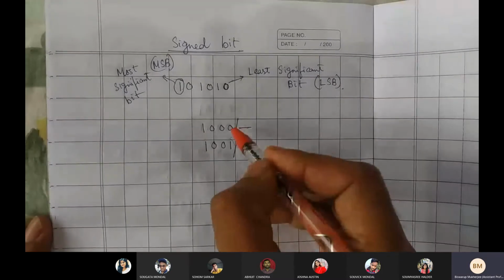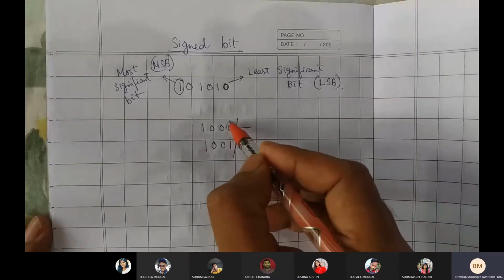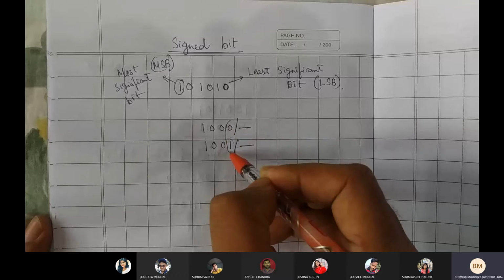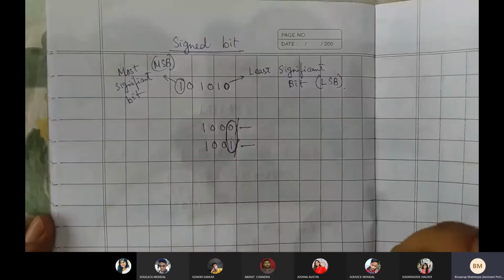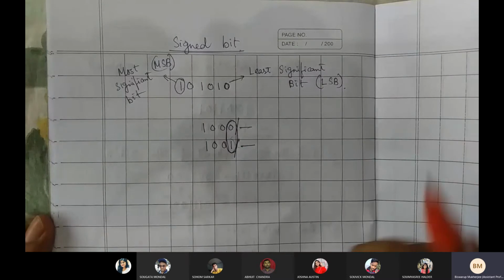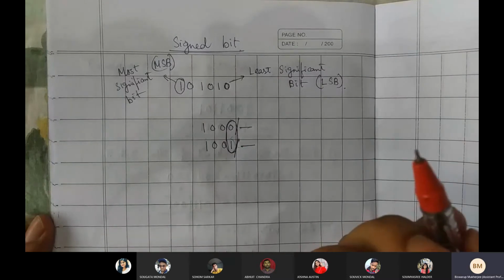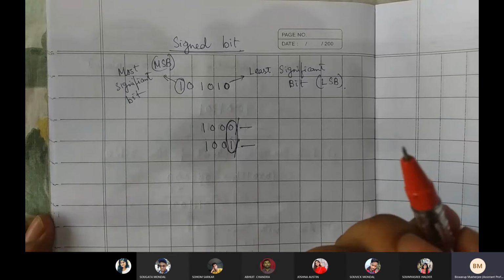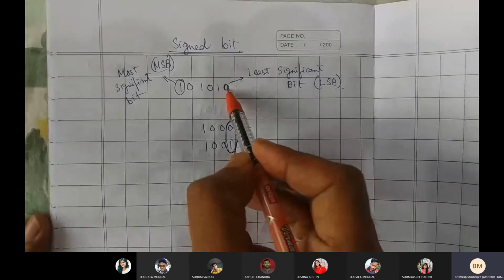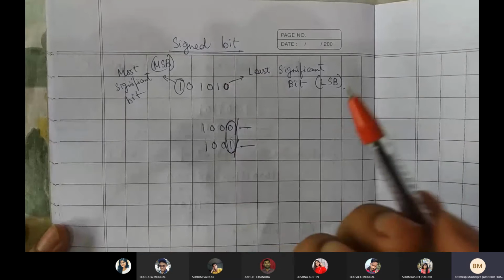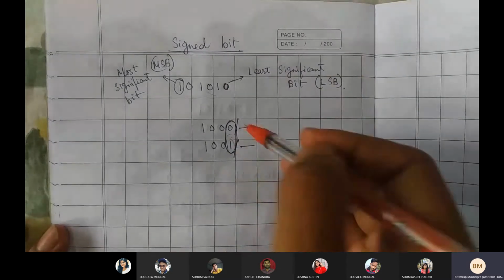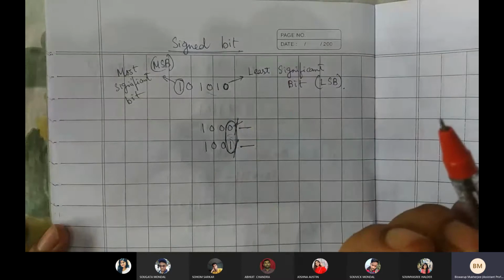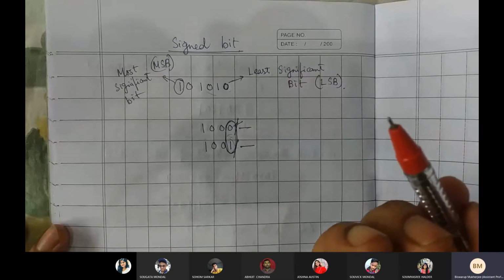So it is actually the last digit that has been changed, and overall the value has changed very little. That is why this right hand side last digit, or bit in binary, digit in decimal, is the least significant.